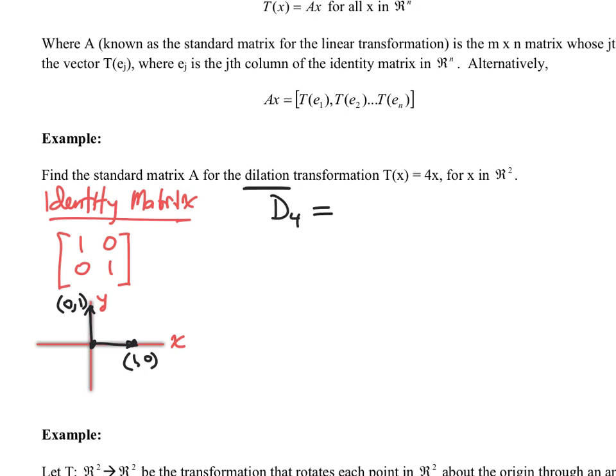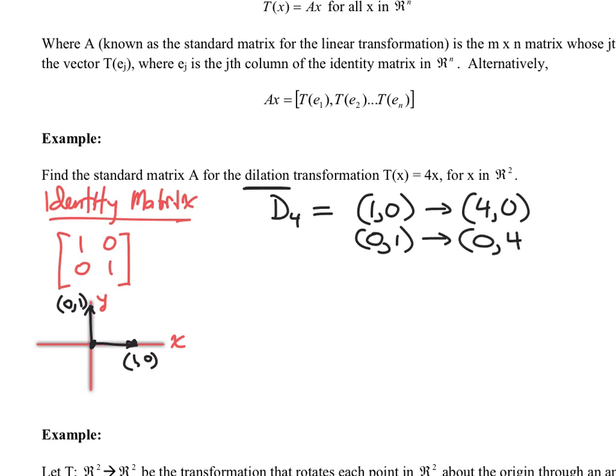So that's what we're going to do here. So the coordinates 1, 0 will become 4, 0. The coordinate 0, 1 will become 0, 4.